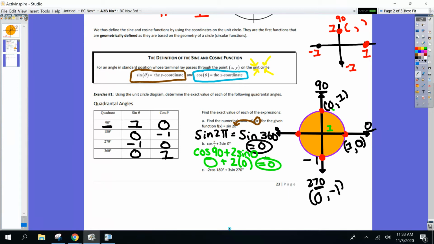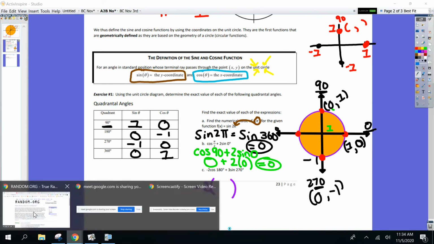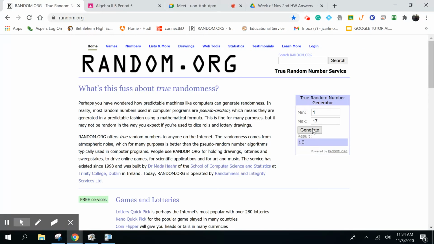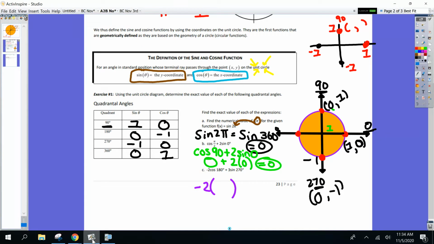All right, one more. Negative 2 cosine 180 plus 3 sine 270. Let's start right there. Cosine of 180, so go to 180. What's the x coordinate at 180? Negative 1. So negative 2 times negative 1 plus 3 times sine of 270 now.